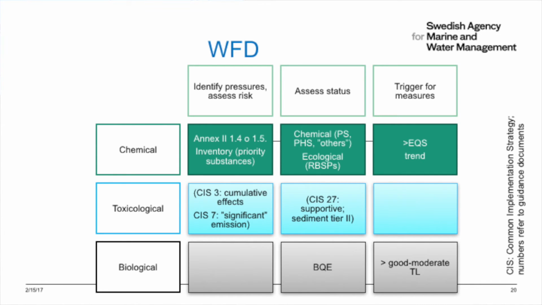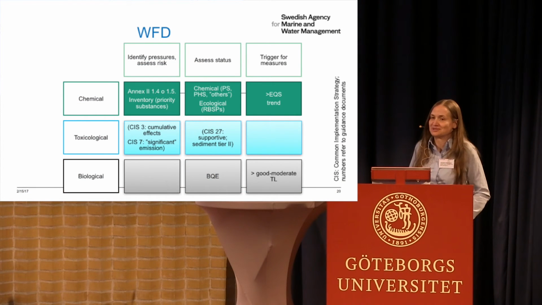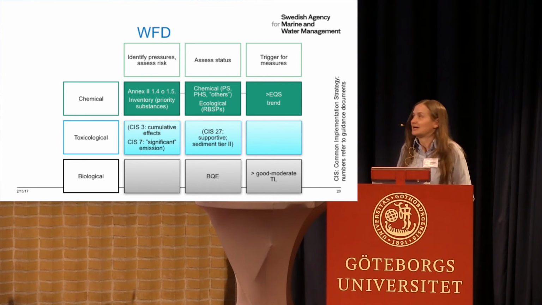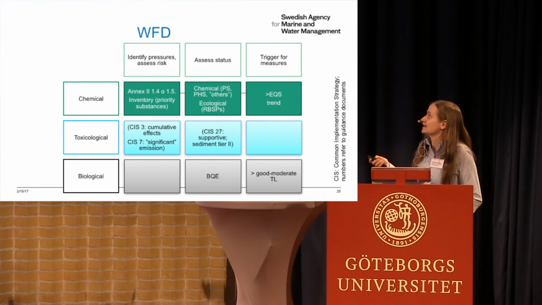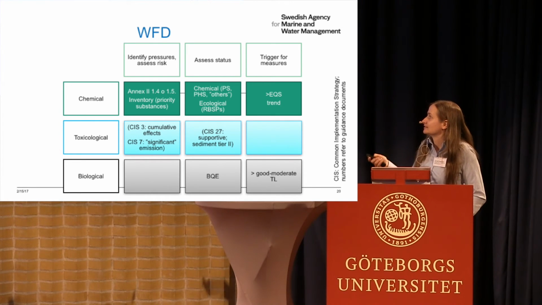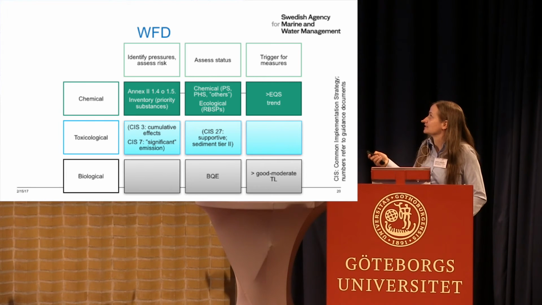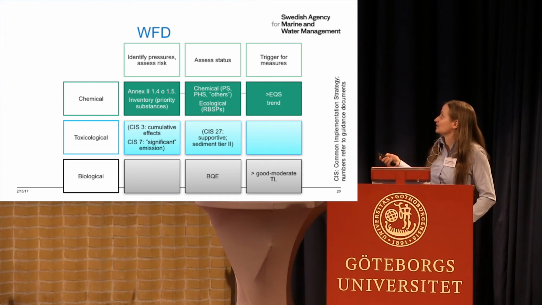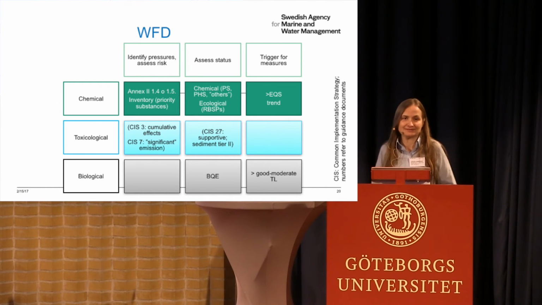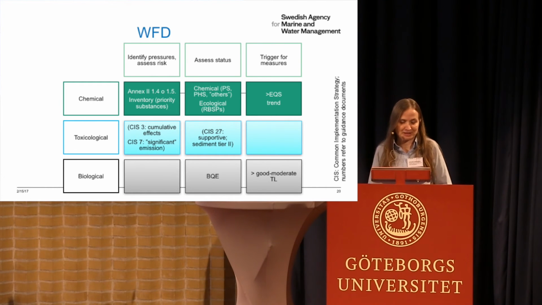So this is how to fit them into the Water Framework Directive language: identify pressure, assess risk. They are mainly mentioned in earlier guidance documents. To assess status, they could be supportive, but there are no EQSs for them in the directive.